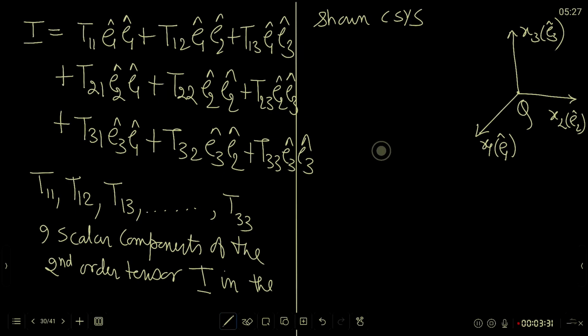So these various scalars come with two indices, right? And those two indices tell us which scalar component that particular Tij is. For example, Tij will be called the ijth component of tensor T in the shown coordinate system.